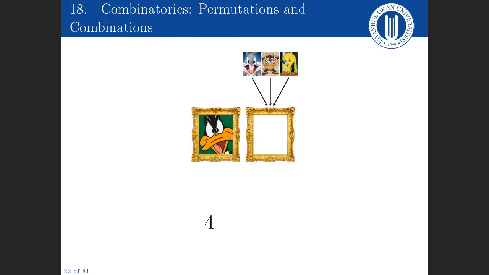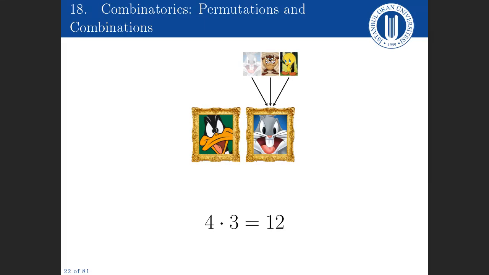We've already used 1, so there's 3 left. We have 3 different choices for the second picture frame. So that means 4 multiplied by 3, or 12 different choices. So there are 12 different ways to hang 2 pictures out of 4.